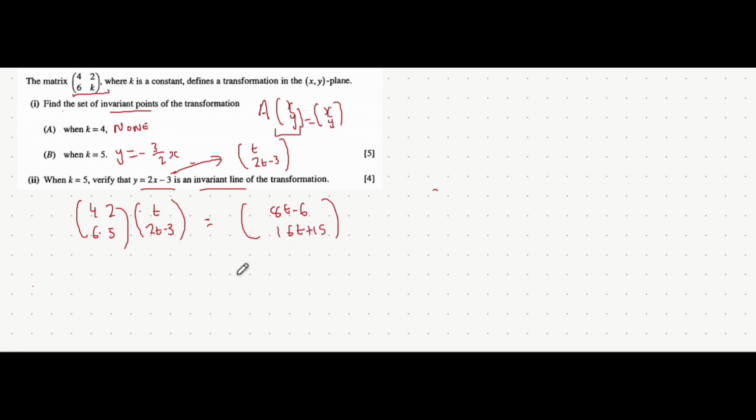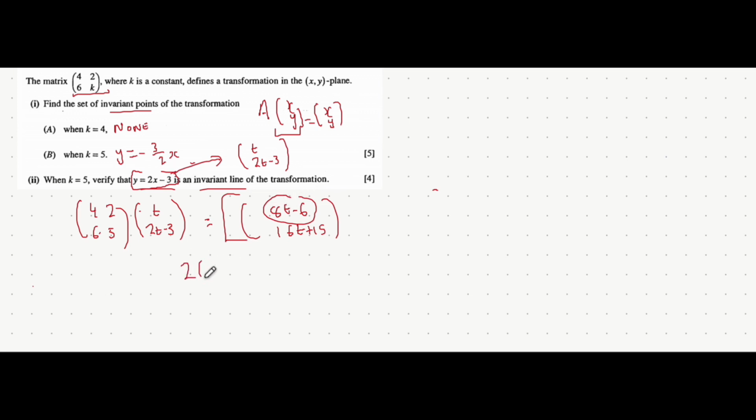To finish off this question, by the way, this set of points should also be part of the equation of a straight line. So let's check if that's consistent. We know y is equal to 16t minus 15. We want to check if 2x minus 3 is equal to 16t minus 15 when we put x as 8t minus 6.